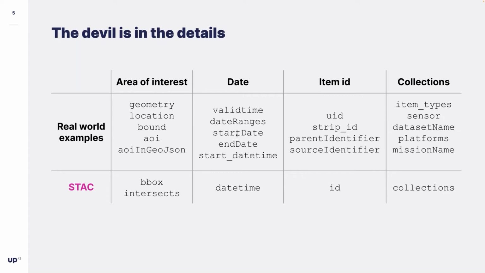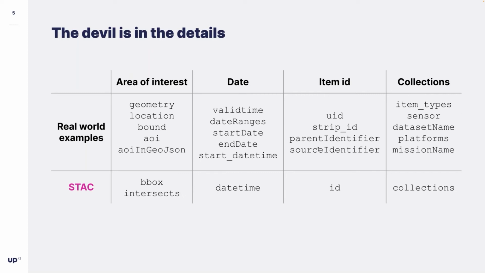This is my favorite. And it happens not only to area of interest, but also to things like date or ID, which is not even geospatial specific. I also included collections. I know that this is not STAC proper, it's rather a STAC extension, but I also find it curious how different providers describe the same thing differently.